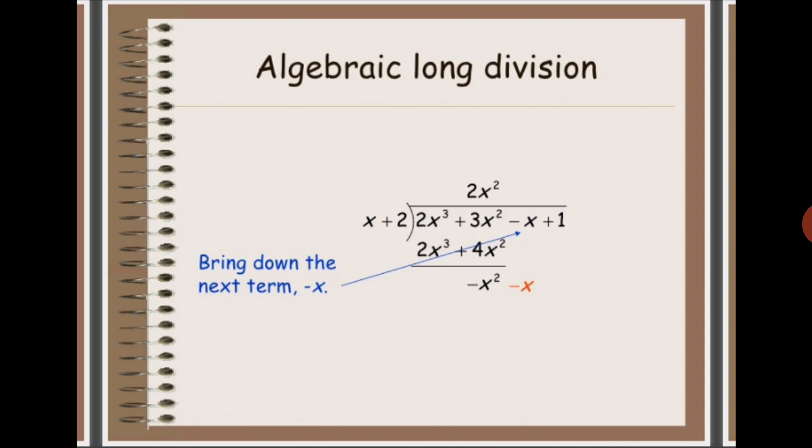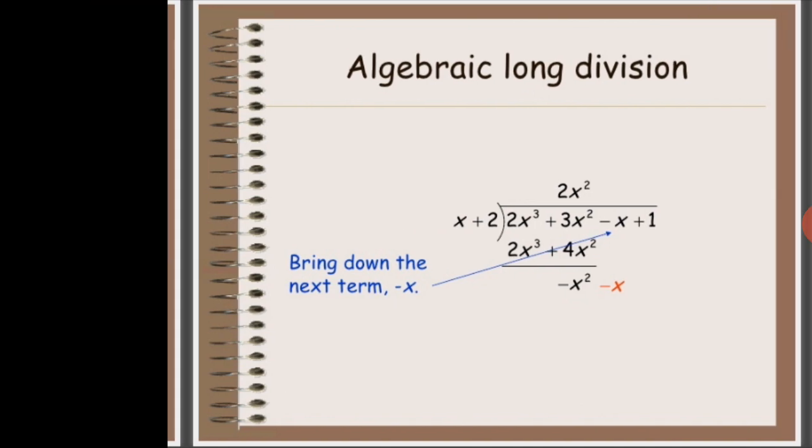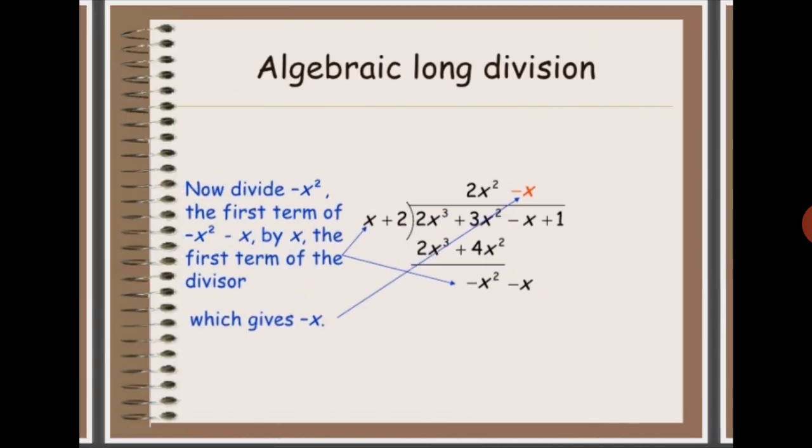We have to compare this minus x square to x of the divisor. When we compare these two, we come to know that when x of the divisor is multiplied by minus x, we get minus x square. So the second term of our quotient is minus x.